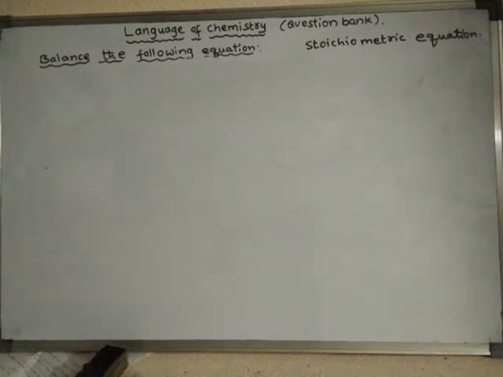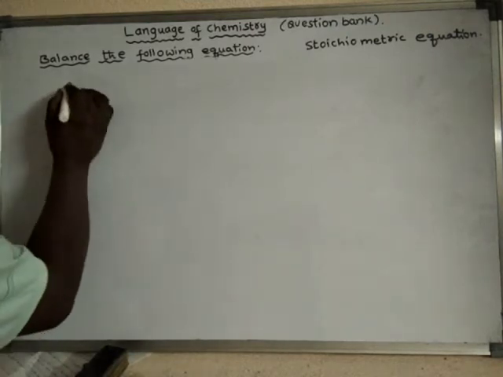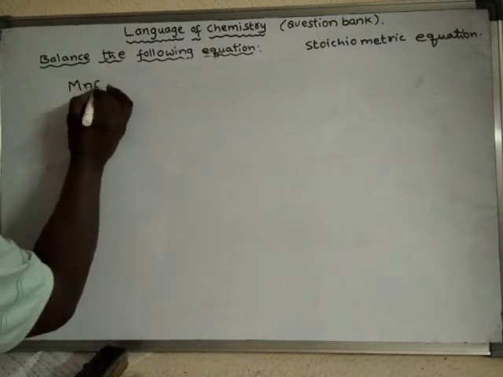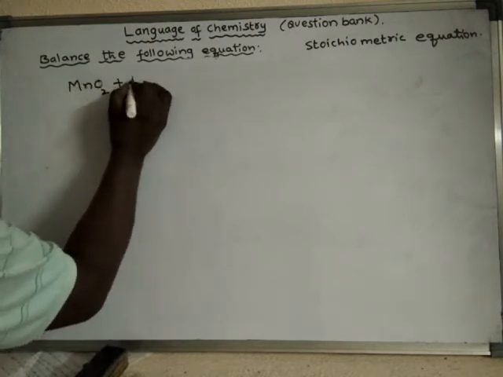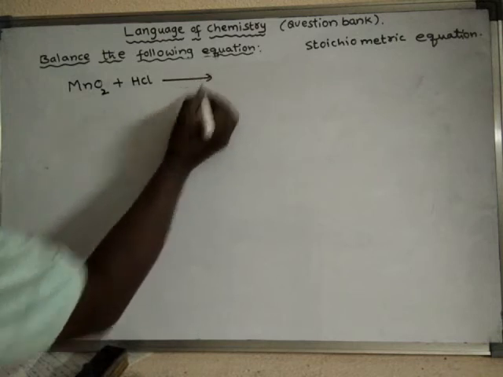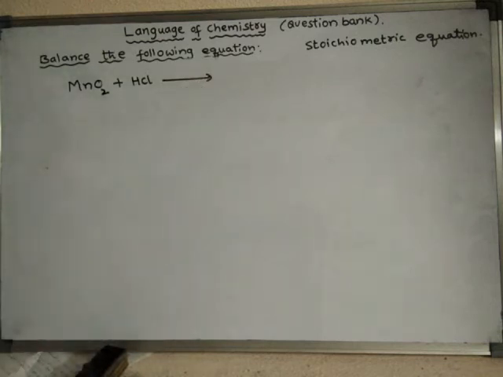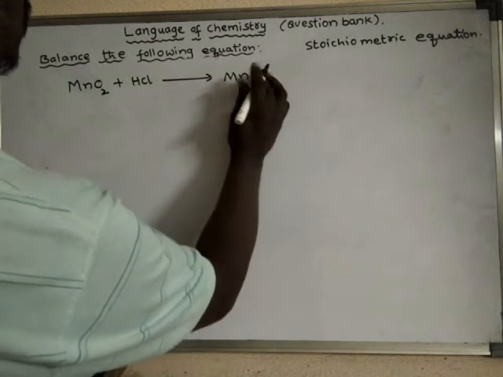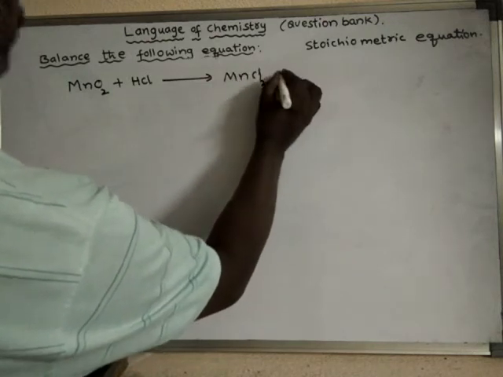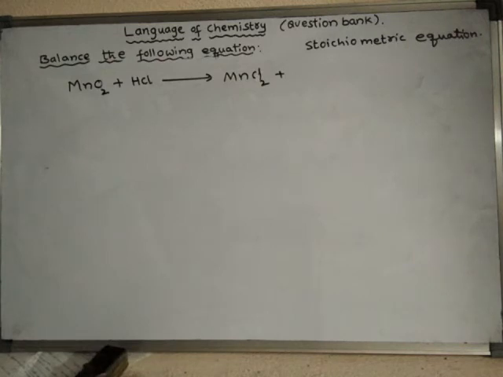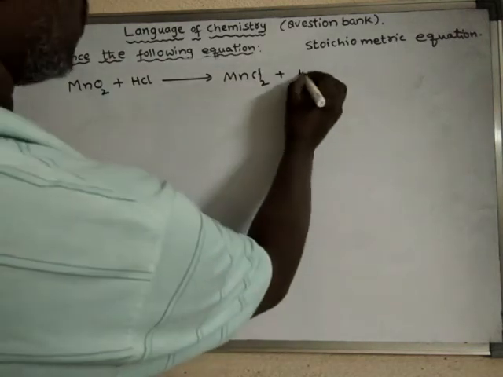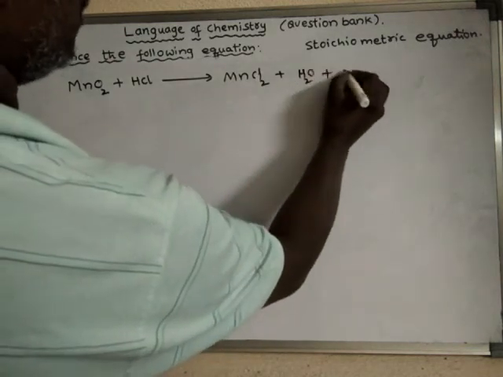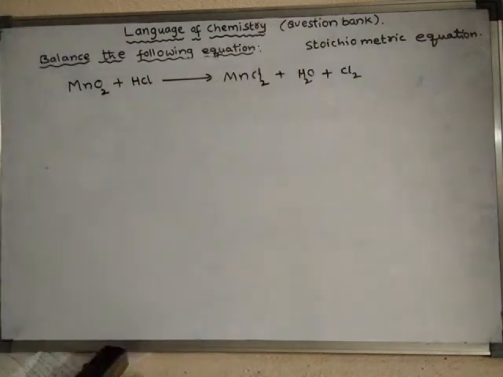Okay, so we will see one more equation. MnO2 plus HCl gives rise to MnCl2 plus H2O plus Cl2.